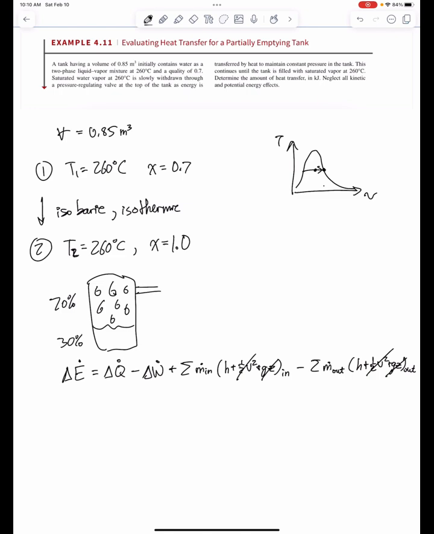A tube up here allows only the top part of the tank, the vapor side, to leak out. So only the vapor is leaking until your tank is completely vapor, all while there's heat transfer going into the system.